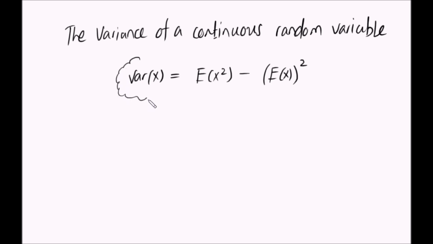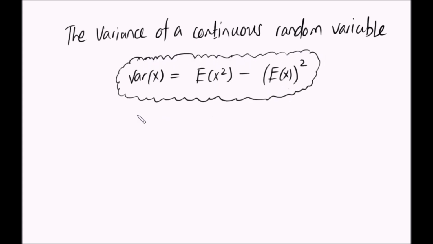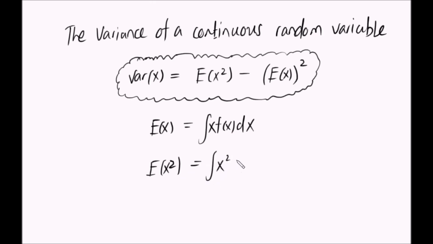So this is the formula that you use to find the variance of a continuous random variable, whereby the expectation of x, you just integrate x f(x) dx, and the expectation of x squared means you integrate x squared f(x) dx. So what is this f(x)? This is the probability density function. Yeah, so that is how to find the variance.